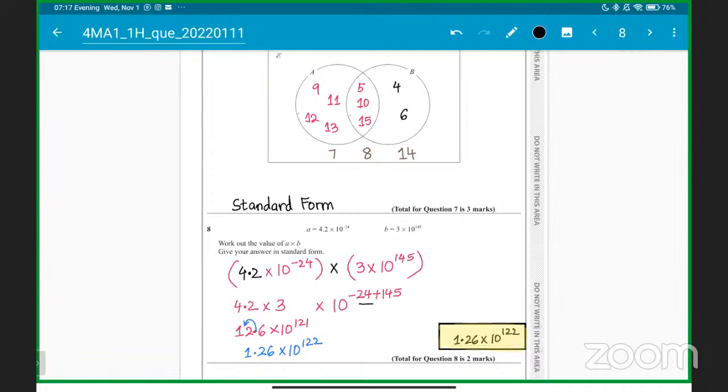Minus 24 plus 145 is 121. 4.2 into 3 is 12.6. And the final step is, because the rule says that the decimal should be after one number, it can't be 12.6. We have to make it 1.26. And when you go from a bigger number to a smaller number, you add to the power. So it will be 121 plus 1, 122 as the power.